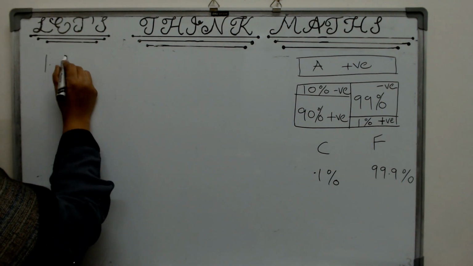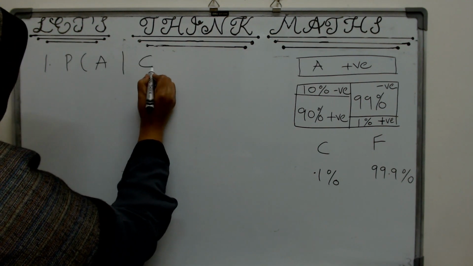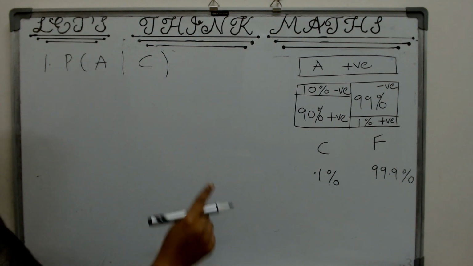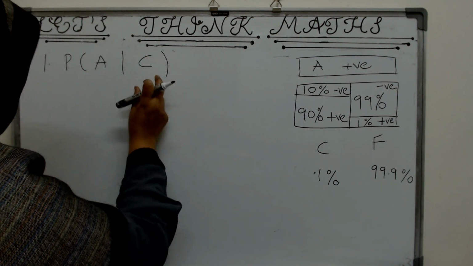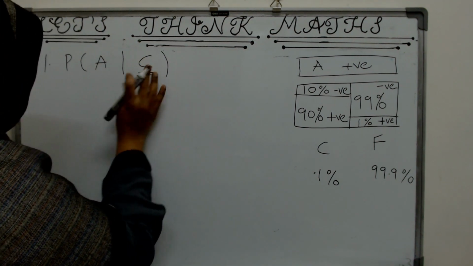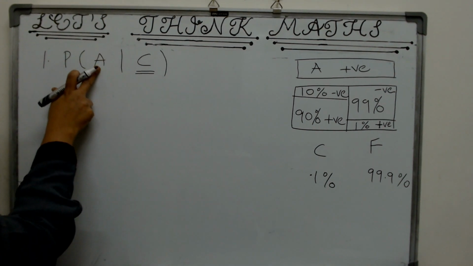What is the probability of A given C? With conditional probabilities, always assume this has already happened. The person already has COVID. So assume that this has happened. Then what are the probabilities of this thing happening?